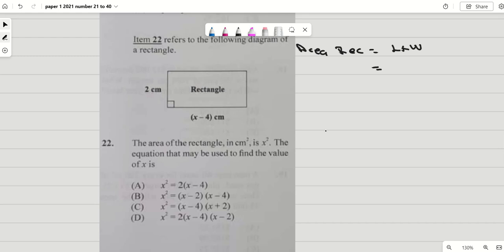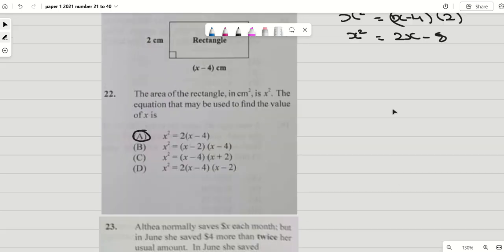Your length in this case is x minus 4, multiplied by 2. They told you that the area is x squared. So x squared is equal to 2 by x is 2x, and 2 by minus 4 is minus 8. Actually, they didn't go that far. The answer is A, 2 by x minus 4, is equal to x squared.